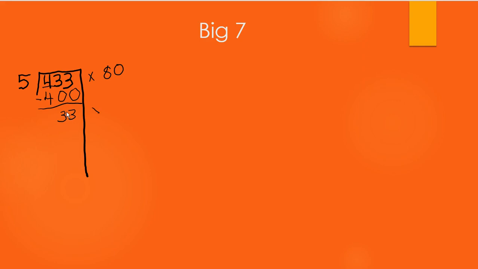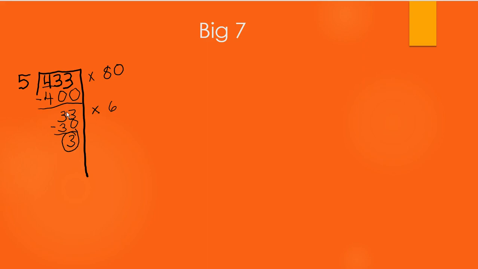So now I'm going to look and say, all right, what times 5 will get me close to 33 without going over? Well, 5 times 6 is equal to 30. So now I'm going to just subtract the 30 from 33, and I would have 3 remainder.